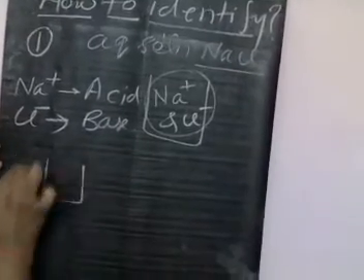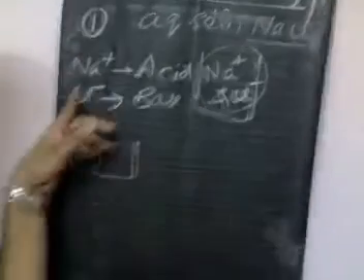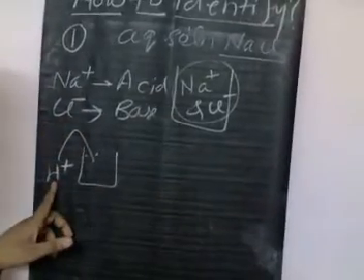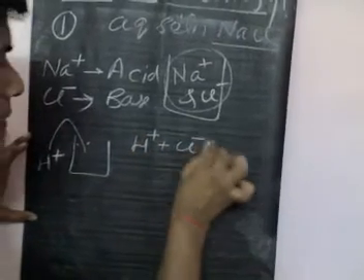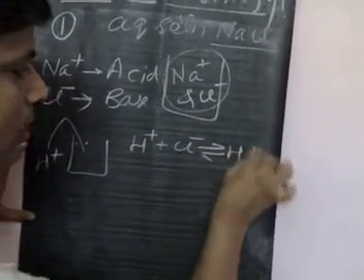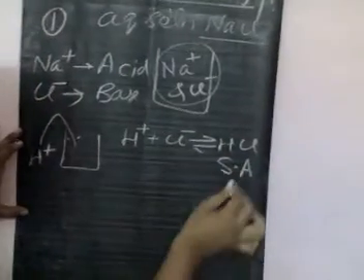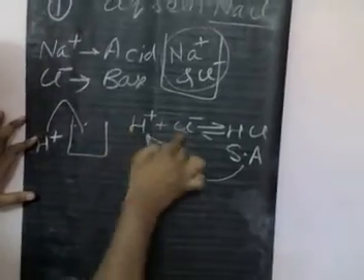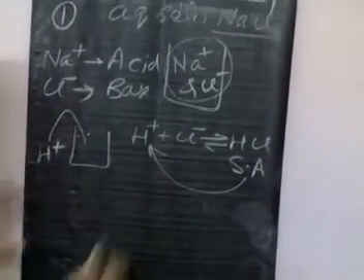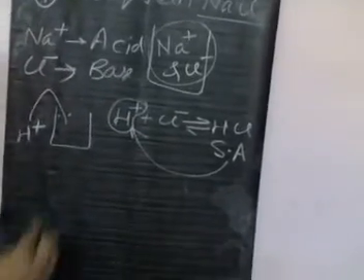When we put a small amount of H plus in this solution, this base can consume this H plus. But when we write H plus plus Cl minus, we get HCl, which is a strong acid, so it will dissociate completely into H plus and Cl minus. So we can say the added H plus is not consumed.